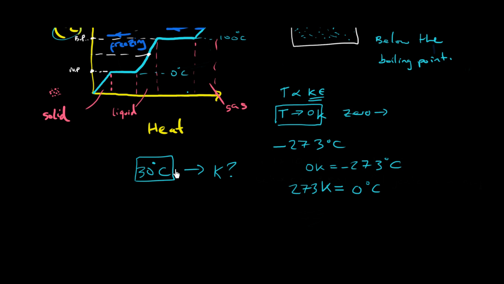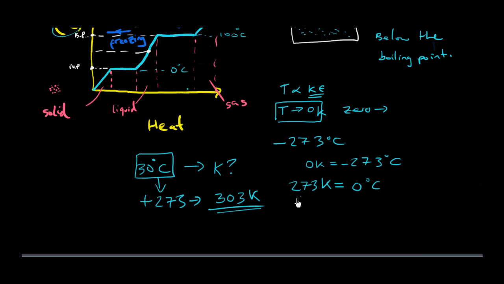So if I want to know what 30 degrees Celsius is in Kelvin, I have 273 as 0 plus another 30, so I just add 273 to put it in Kelvin, and I get 303 Kelvin as the equivalent of 30 degrees Celsius.